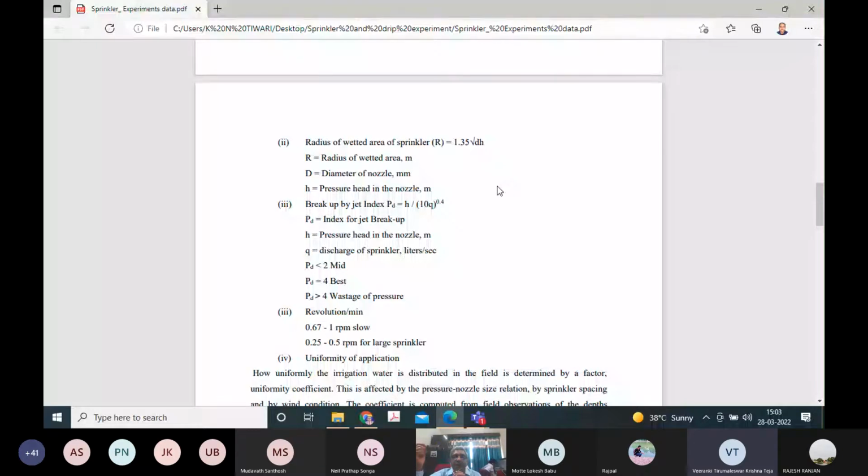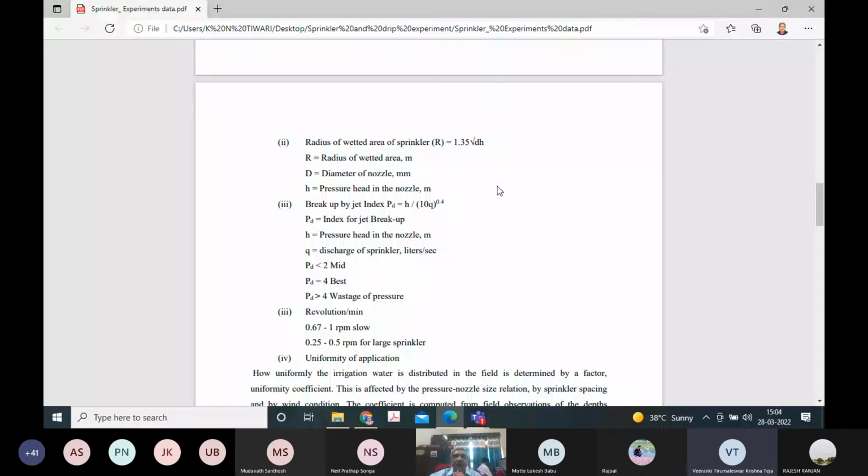Empirically, this is given by R equal to 1.35 square root of D into H. R is the radius of wetted area, D is the diameter of the nozzle in millimeter, and H is the operating pressure in meter. If you substitute these values, you can know the radius of wetted area.